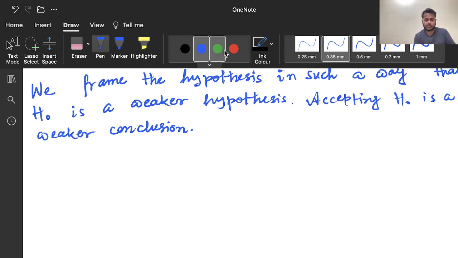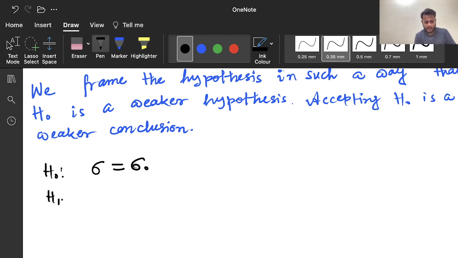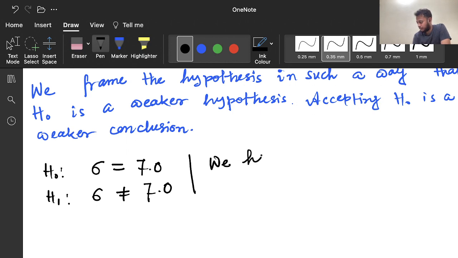Now let's say another set of hypotheses. One is sigma equal to 7.0, that is the null hypothesis, and the other is sigma not equal to 7.0.